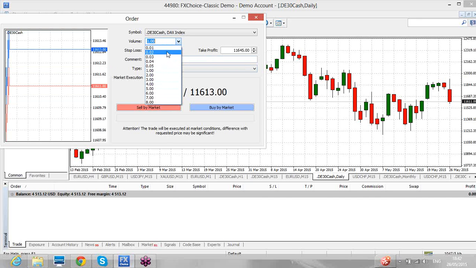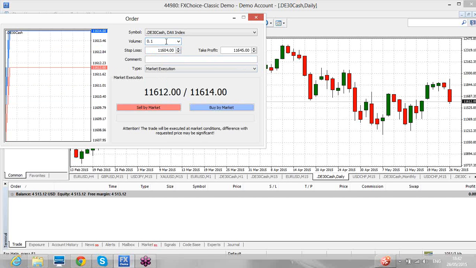But especially when you're beginning trading, have your risk defined and know exactly what you're trading. So remember, 0.1 is €2.50, 0.01 is 25 cents, and 1 is 25 euros.